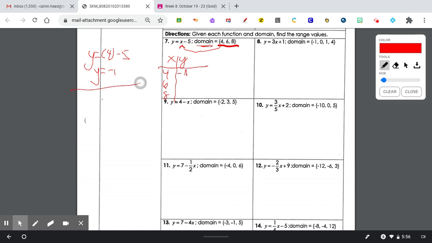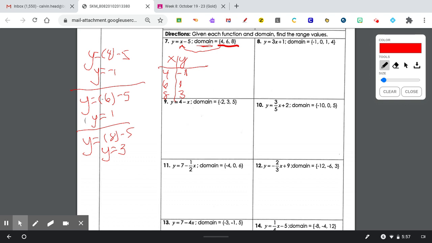Now I'm going to do y equals 6 minus 5. Well, 6 minus 5 is +1. So when I put 6 in, I get 1. And then y equals 8 minus 5, and I get y equals 3. All right. So there's that.